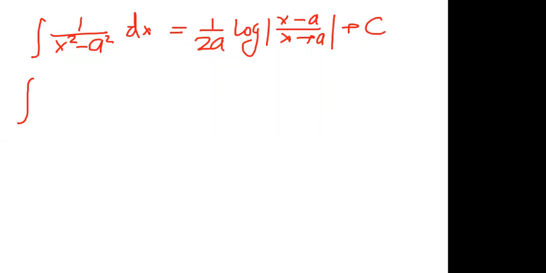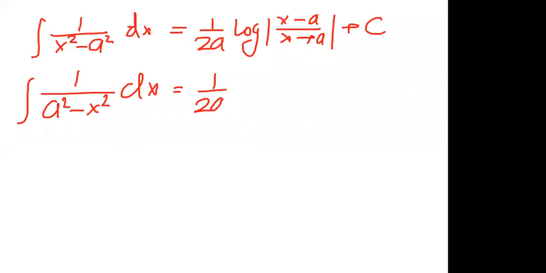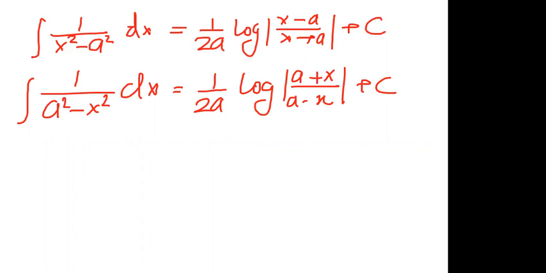Another one is integral 1 upon a square minus x square dx equals 1 upon 2a log mod (a plus x) upon (a minus x) plus c.